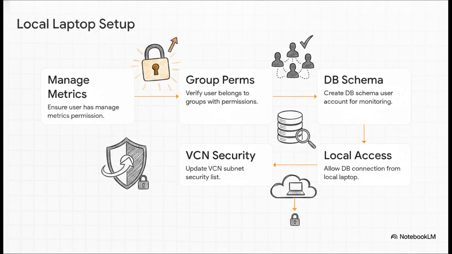Second, verify your user belongs to groups with those same permissions, specifically for the compartment you're targeting. Third, create a database schema user account dedicated solely to monitoring. Fourth, allow the database connection from your local laptop environment. And fifth, just update your VCN subnet security list to actually let that local connection through. Boom. Punchy, declarative, and super easy to verify.